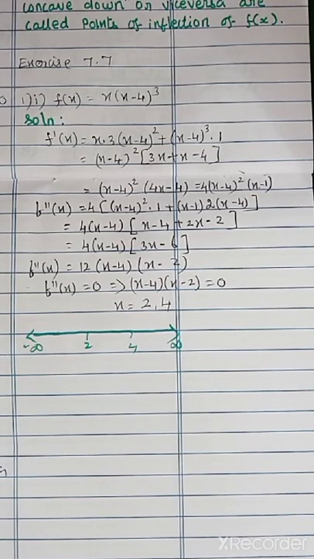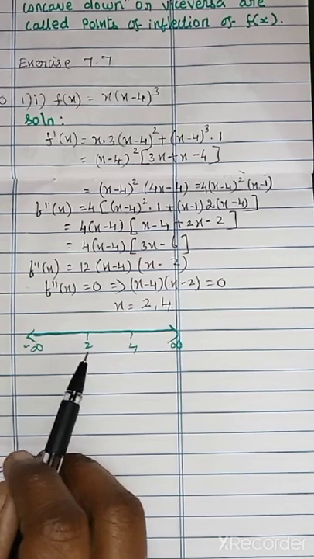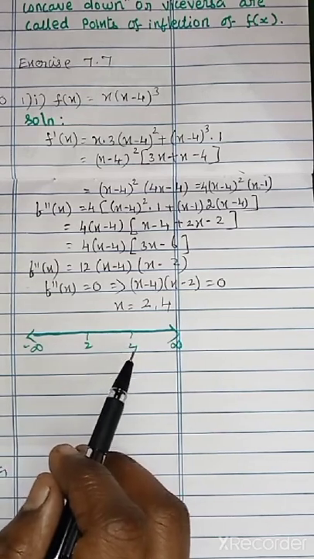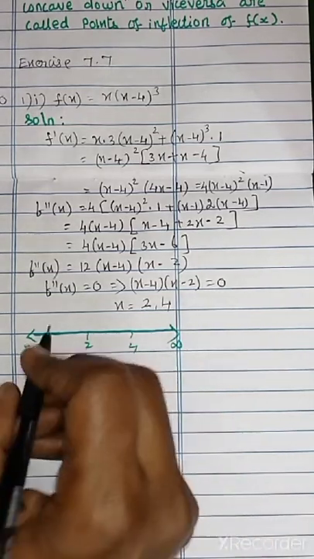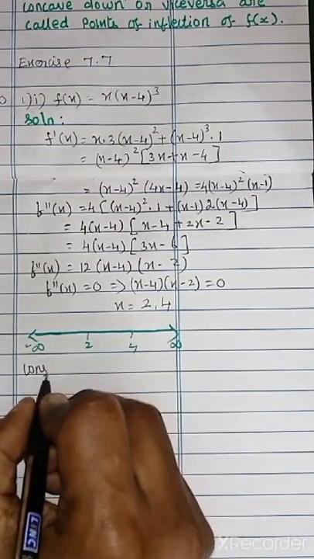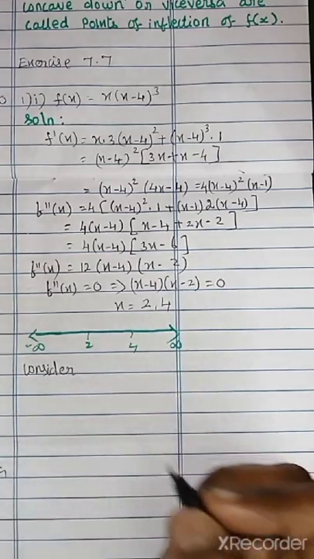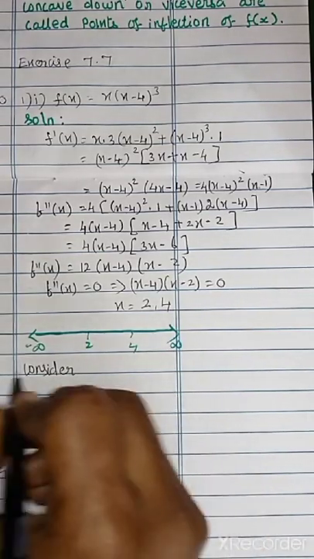We have to check the intervals: from minus infinity to 2, how is the curve; from 2 to 4, how is the curve; and from 4 to infinity, how is the curve. Otherwise, we can put a tabular column. Hope it will be easy.